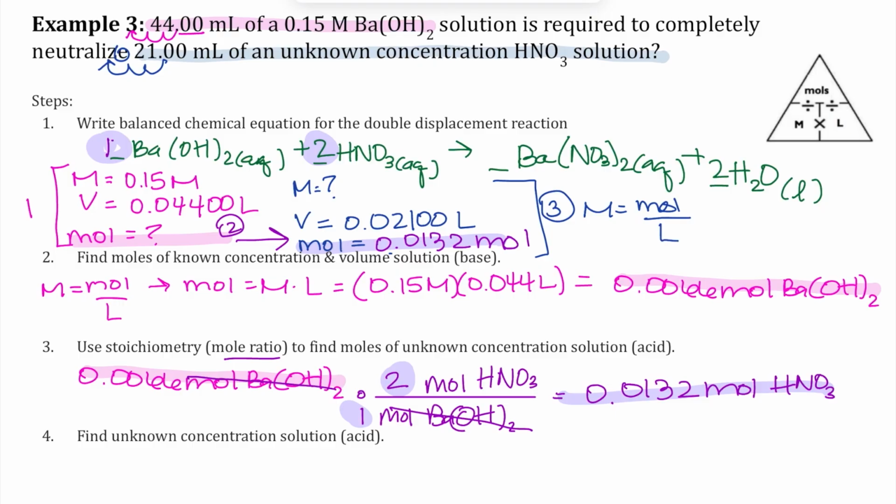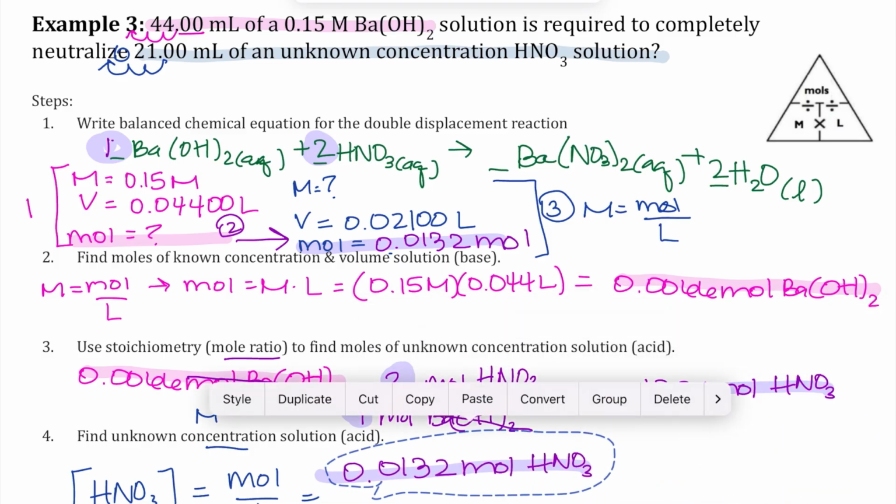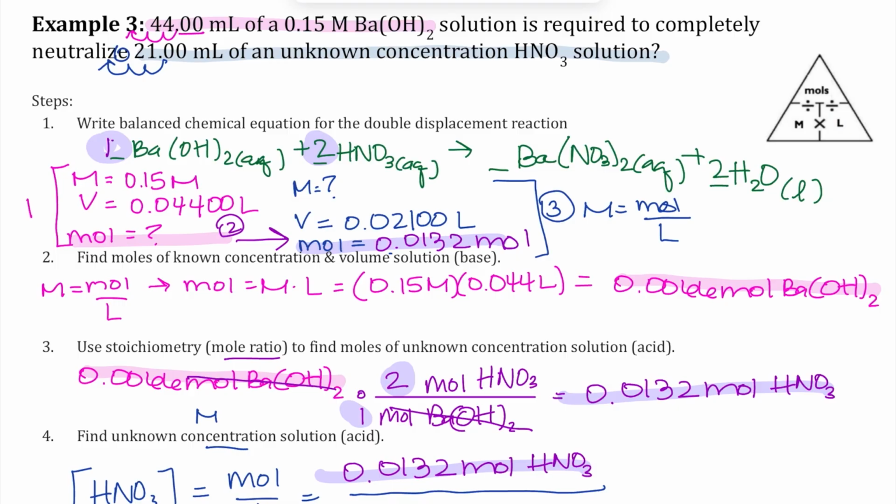So finding our unknown concentration, that molarity. Well, the molarity of our HNO3 solution, and again, if you want to write it as concentration of HNO3, is going to be moles over liters. We found moles from our last step using our mole ratio with that stoich, dividing by, well, how many liters of that solution do we have?